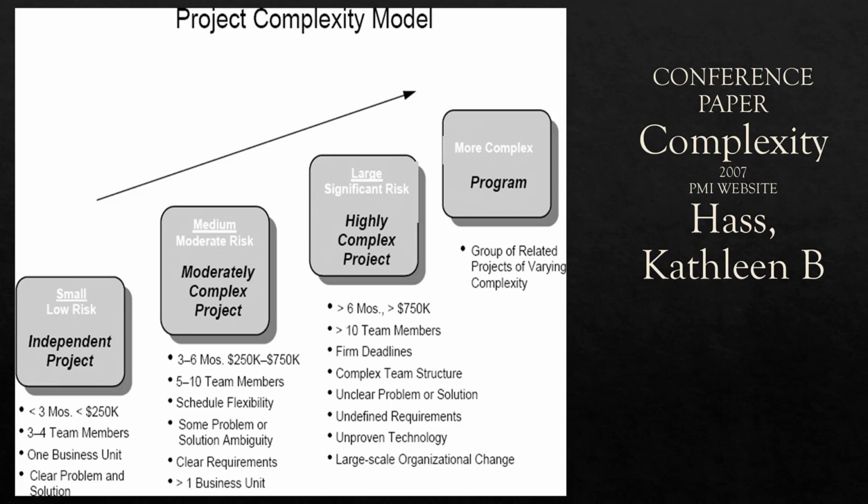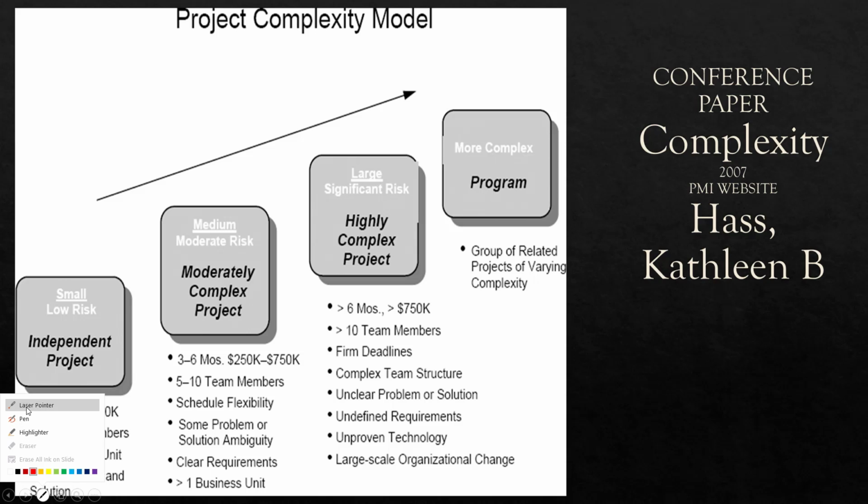For example, they are saying that there are independent projects, small low risk projects, then you have medium moderate risk projects, then you have large significant risk projects, which are also complex projects, and then you have more complex projects which consist of a program, and then a program can be divided into different projects. So a program contains several projects basically. They have defined it in detail, for example, small low risk projects: these are 3 to 4 team members, 1 business unit, clear problem and solutions.